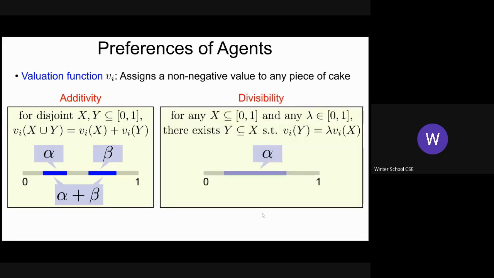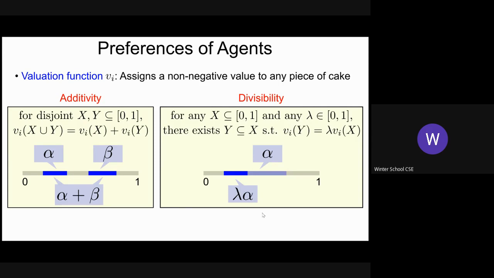Another assumption that we are going to make is called divisibility. Okay, which says that, suppose you're given any interval that you value at alpha, and you're given any fraction lambda between 0 and 1, then you should be able to carve out a smaller piece from this of value lambda times alpha.